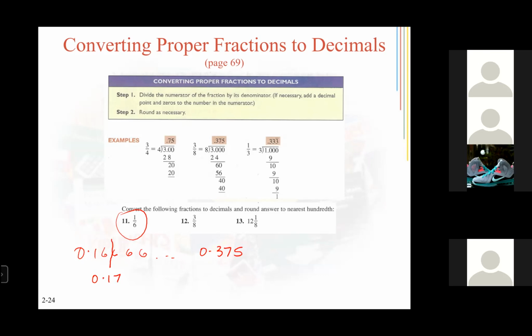Okay. Now, in the case of the third one, it is 12 1/8. We want to change that to a decimal. What are we going to do?